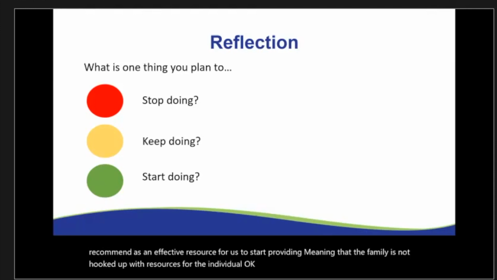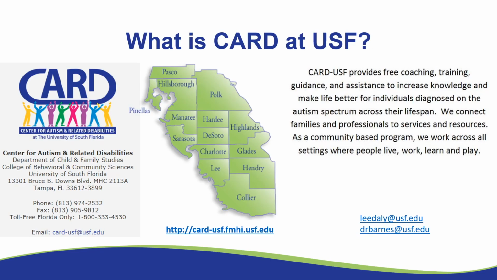Okay, so one of the things that CARD does is we're like a hub of resources. We have a huge database populated by information from families and individuals on the autism spectrum about ABA providers, occupational therapists, educational services, lawyers, housing, advocates, dentists who understand autism, and where to get a haircut if somebody has sensory overload.